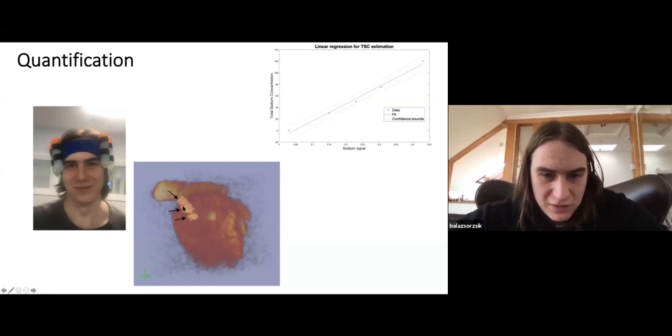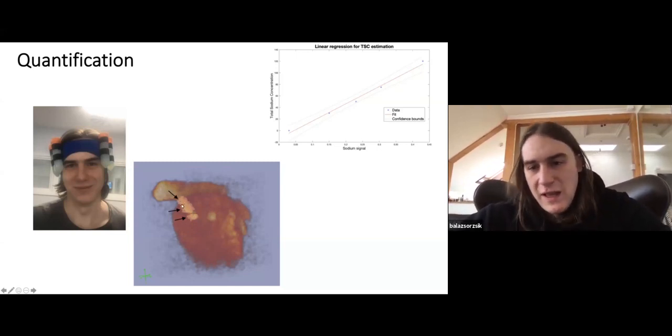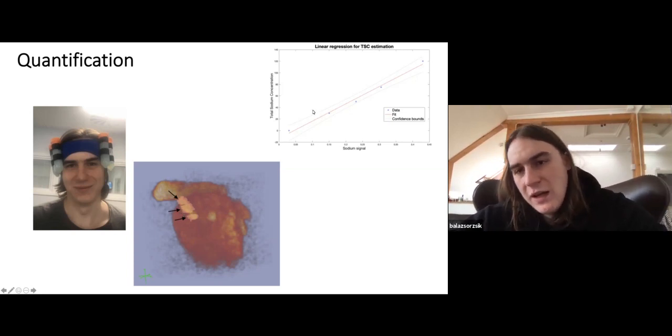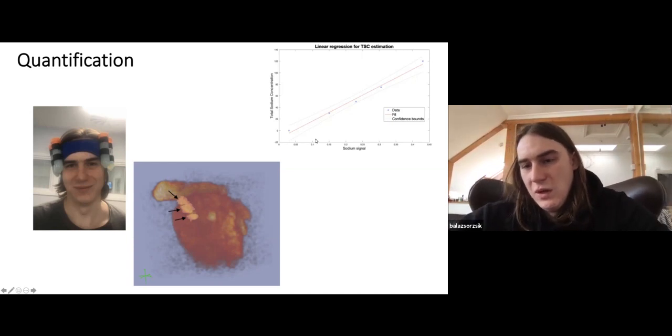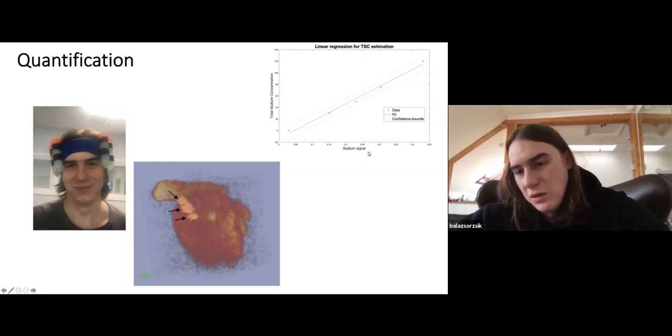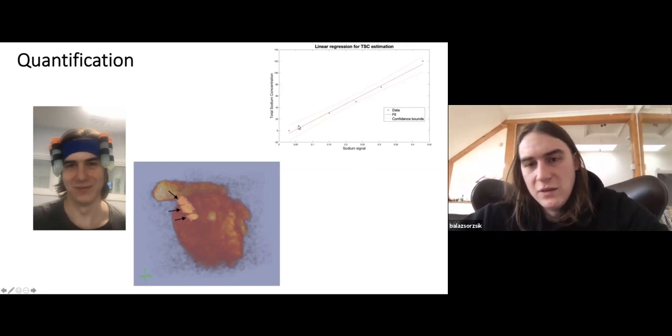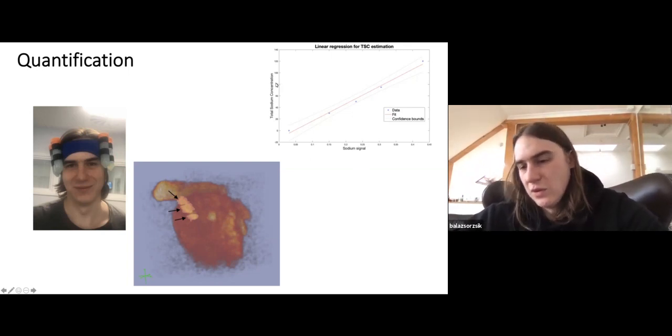Here I took slices of one phantom and calculated the signal within the ROI, then used linear regression to find a linear model to convert the arbitrary signal into total sodium concentration.